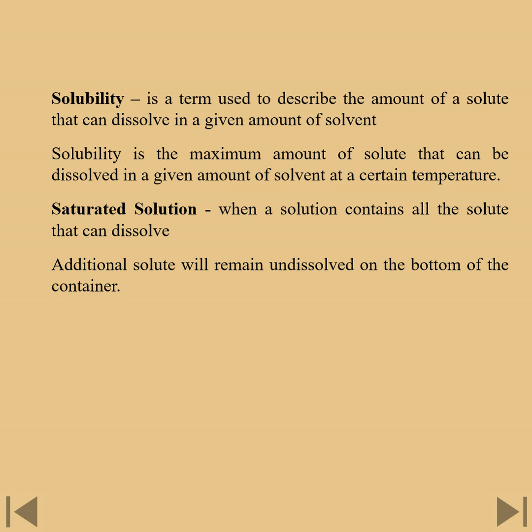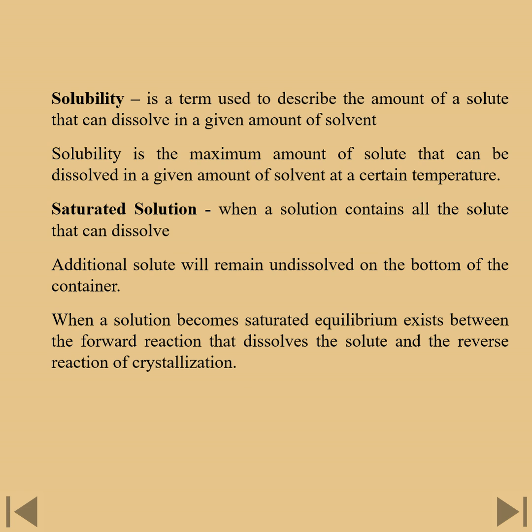Now, when we have that situation, we actually have what's called dynamic equilibrium between the dissolved solute and the undissolved solute, meaning some of the dissolved solute is going to come back out of solution and attach to the solid, and then some of the undissolved solid will dissolve.